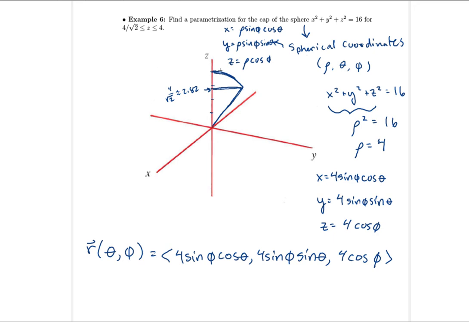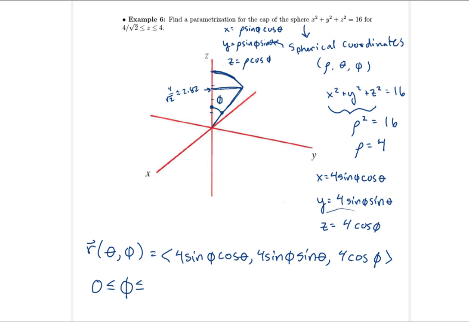So the idea here is phi goes from the positive z-axis to here. So I can let phi be all these values from 0. There's no question we can start at 0, because phi equals 0 is here, all the way down to whatever angle this makes. So let's think about what that would be. One thing that we can always do is try to figure out what phi is when z is equal to 4 over root 2.